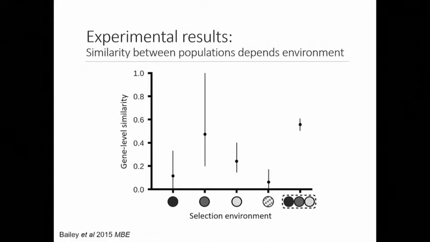Okay, so these are the data showing that gene level similarity measure. These are the means from 3 replicate populations, that gene pairwise measure across each pair within those 3 replicates, across each of the selection environments that we talked about before. So these are the 3 simple single sugar environments, and these are the 2 complex environments here.